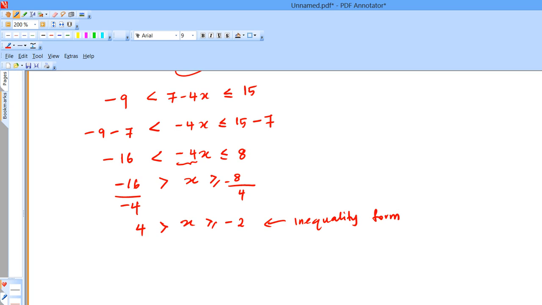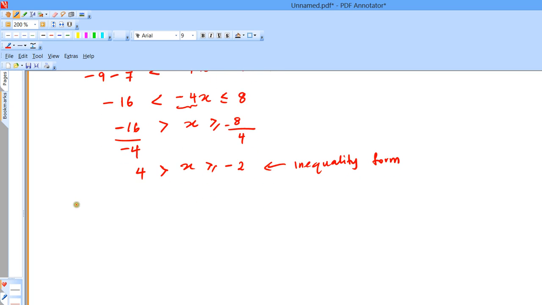How do we write it in interval notation? For the first inequality we use a closed bracket, for the second an open bracket, since less than is open. On the left side, greater than or equal to negative 2, and then 4 with an open bracket.